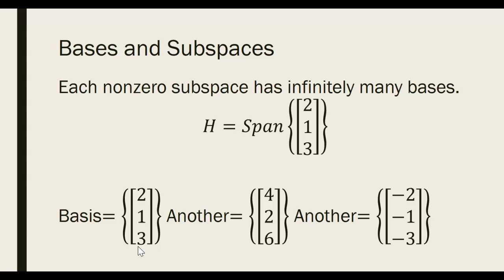But it turns out that if you can write a vector as a constant times (2, 1, 3), it can also be written as a constant times (4, 2, 6), because these are just scalar multiples of each other. And also, it can be written as a constant times (-2, -1, -3). Let's be more specific.